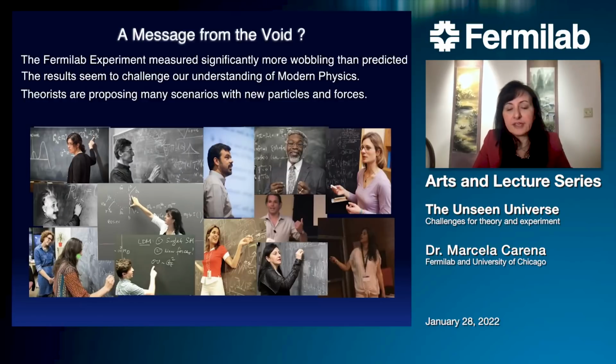We know that there must be new things already because we don't know how to explain dark matter, and also because the properties of the Higgs boson that we have measured are still quite mysterious to us. So theorists, as you see here, a bunch of them, just a handful compared to how many are thinking about this, are proposing many scenarios with new particles and new forces that are very strongly constrained by the data coming from many, many experiments looking in many corners of space.